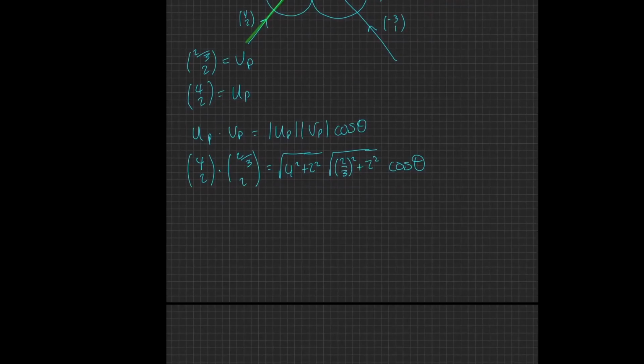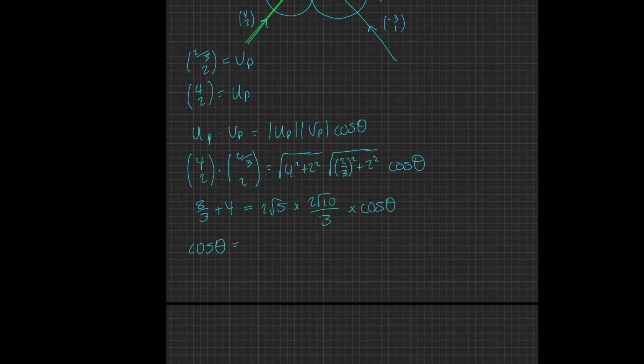So let's work this out. The dot product on the left is going to give us 8/3 plus 4. And on the right, the square root of 4 squared plus 2 squared is going to give us 2√5, and the square root of 2/3 squared plus 2 squared should give us 2√10/3, times the cosine of theta.